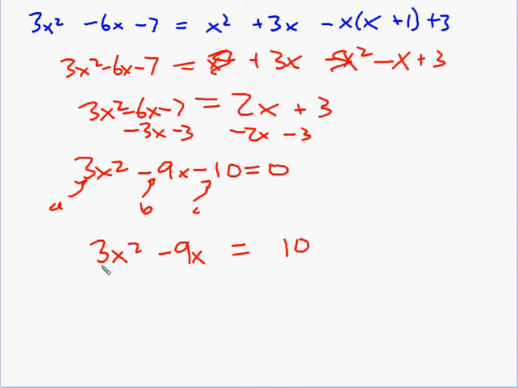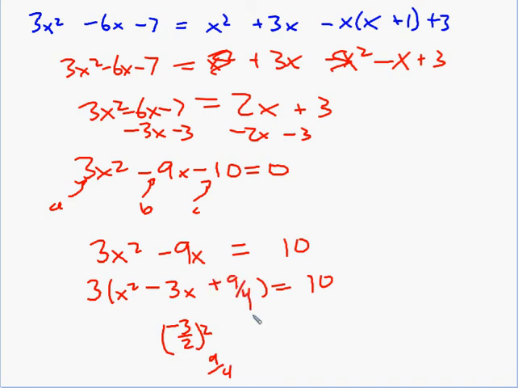Now, we must have a 1 right here, so we need to factor out the 3. Now we half this and square it, so half of that and square it is 9 fourths. Alright, now we factor that. Oh, not yet.